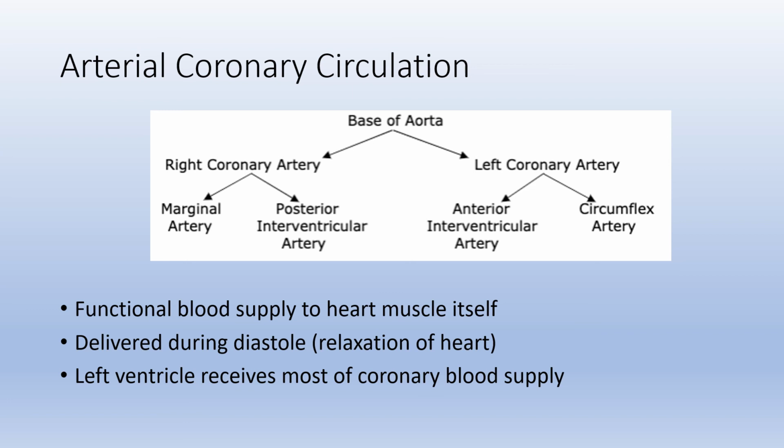The right coronary artery will supply the right side of the heart, the right atrium, the right ventricle, and most of the posterior surface. The left coronary artery also has 2 branches, the anterior interventricular artery and the circumflex artery.